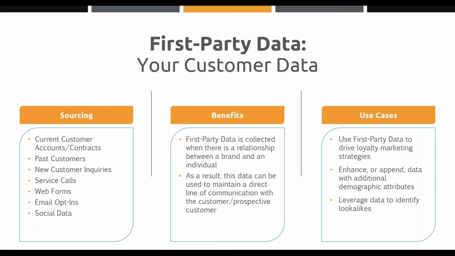This can also include things like customer service inquiries or inquiries from prospective new customers that are interested in doing business with your organization. These could be leads that are coming in from your web forms. They could be individuals or businesses, if you're a B2B marketer, that have opted into email campaigns that you are performing. And this also extends to your social media data.